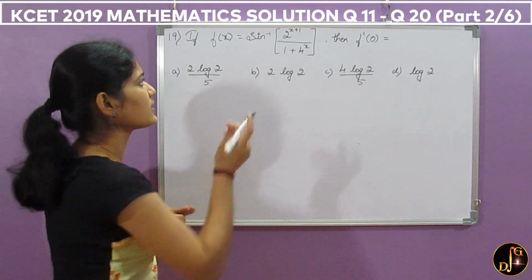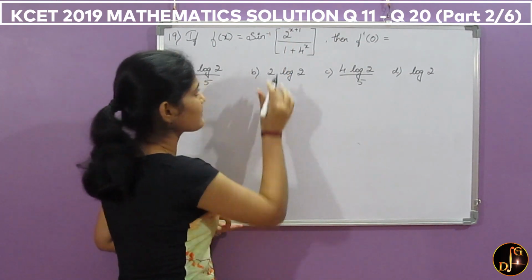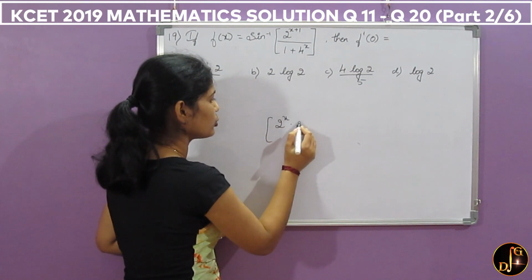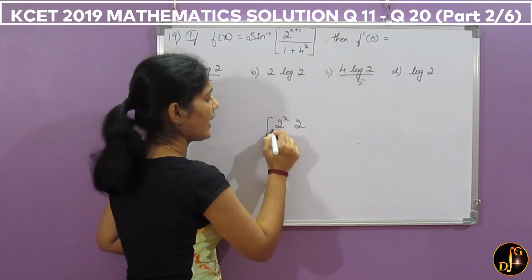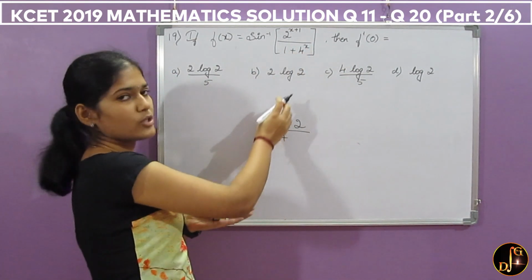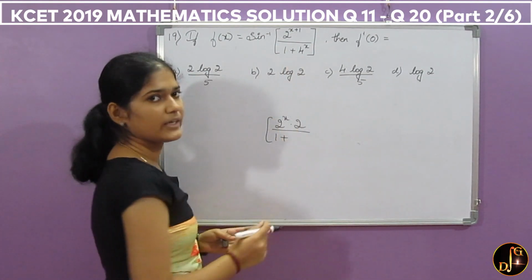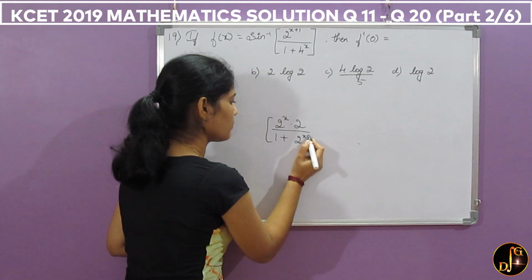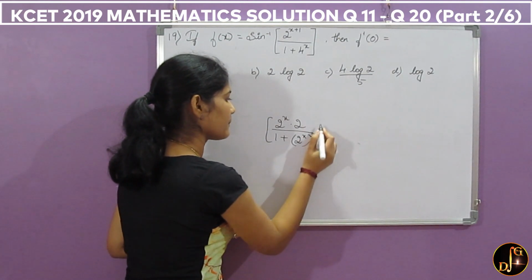Let's try doing that. This 2 power x plus 1 can be written as 2 power x into 2. And then if we want to write 4 power x in terms of 2 power x, then 4 can be written as 2 square, so it can be written as (2 power x) whole square.